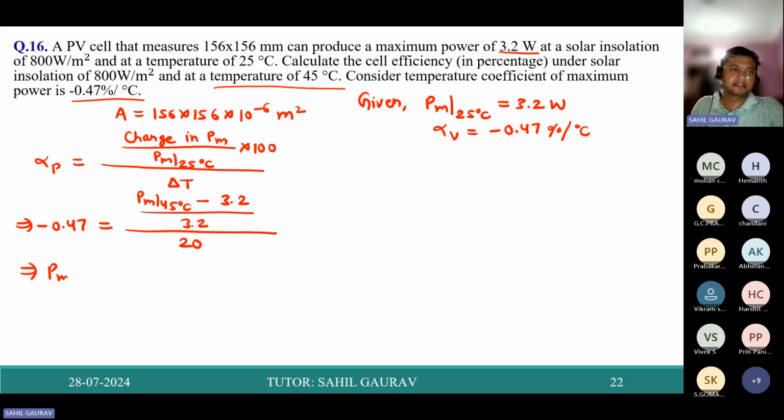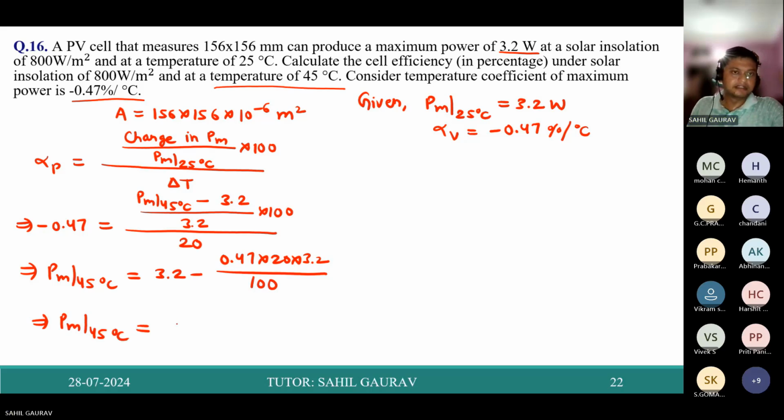So PM at 45 degrees Celsius will be 3.2 minus 0.47 into 20 into 3.2 upon 100. So PM at 45 degrees Celsius will be 3.2 minus 0.3. So it is coming at 2.899 watt.